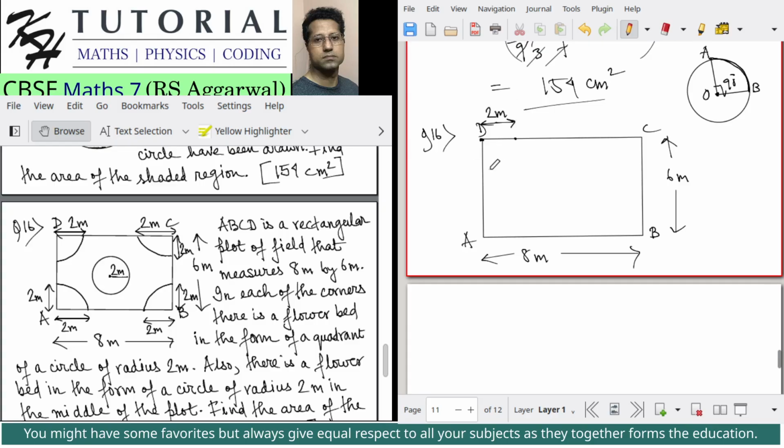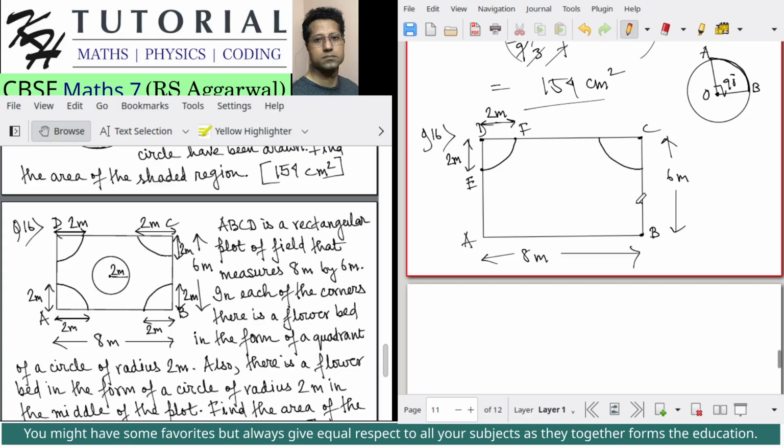So here we will have this sector, so this will also be 2 meter. Let's say these are points E and F. The area of the sector DEF will be 1/4 the area of the circle having 2 meter radius. Fine, so this kind of sector is there at every corner.